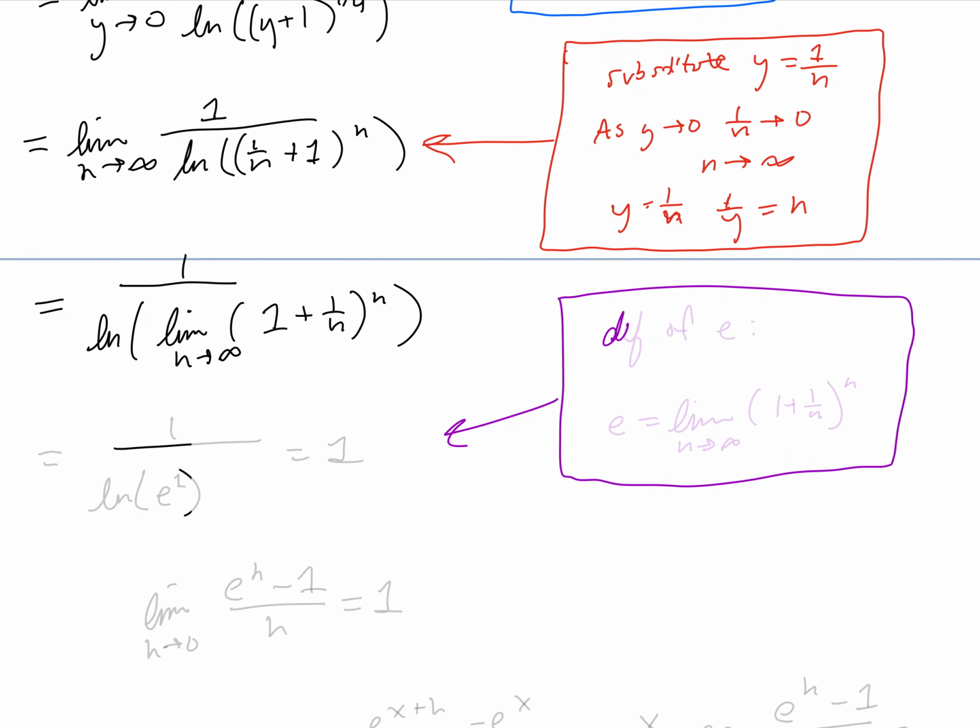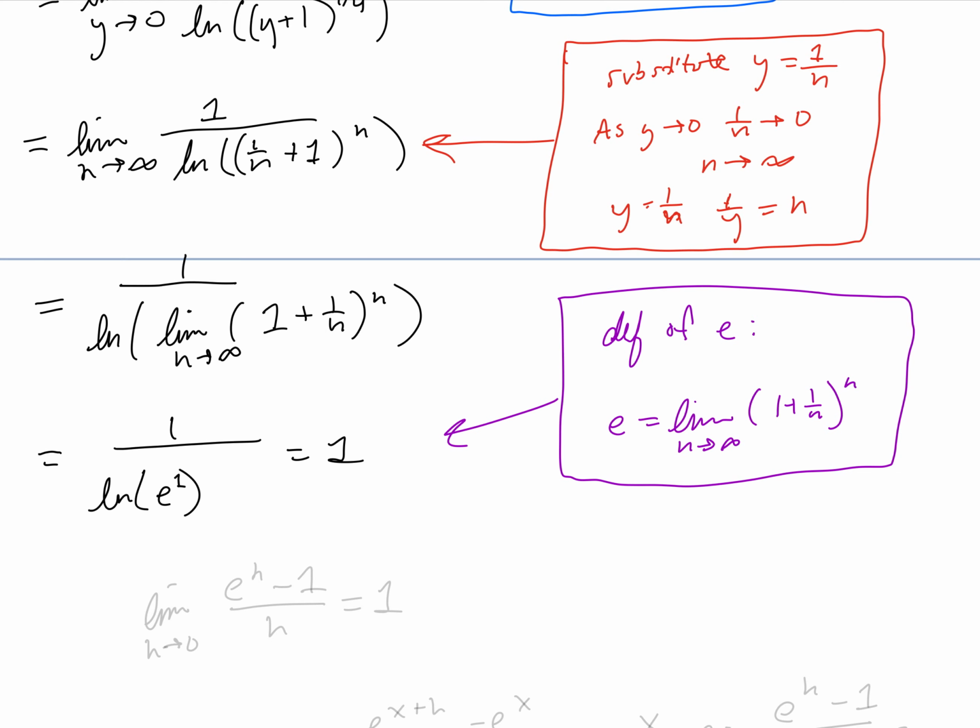We said above that one definition of e was that e is equal to the limit as n goes to infinity of (1 + 1/n)^n. So that's exactly what we have inside the natural log. So this is 1 over ln(e). What is ln(e)? Well, it's the exponent that we need to raise e to get e^1. That is 1.